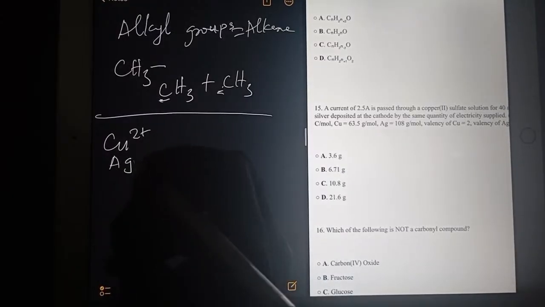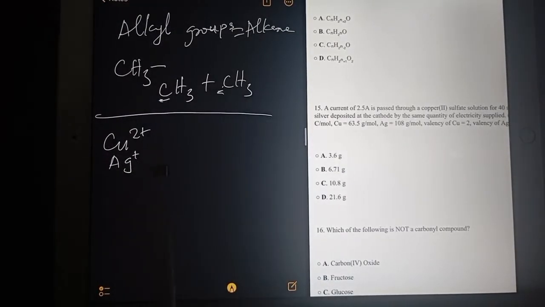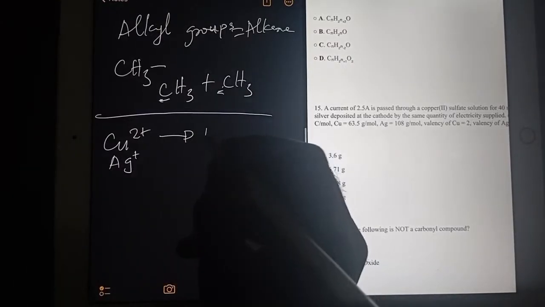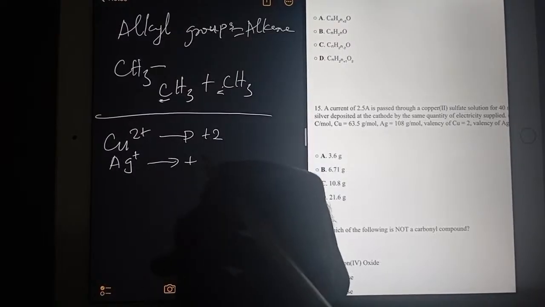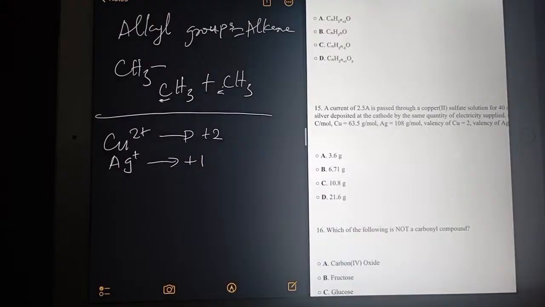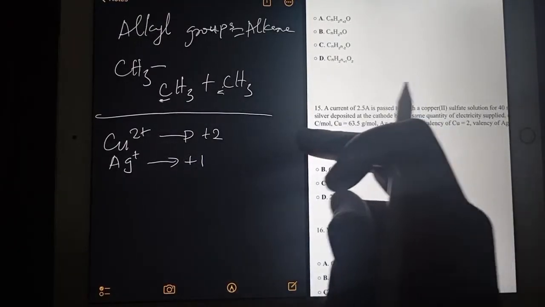We are talking about copper and silver with different charges. The magnitude of charge on copper is +2, that of silver is +1. The second law tells us that the higher the charge, the lesser the moles discharged, which means we will have more moles of silver than copper because the charge on copper is higher than that of silver. You can watch my video on the second Faraday law on how to do the calculation, but here I'm going to use the normal style to solve it.